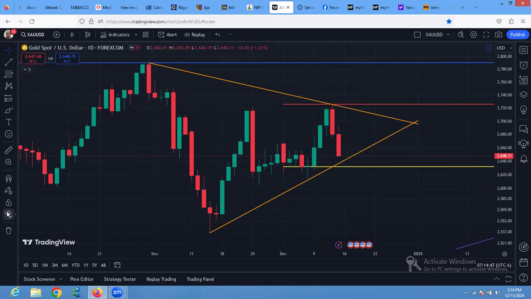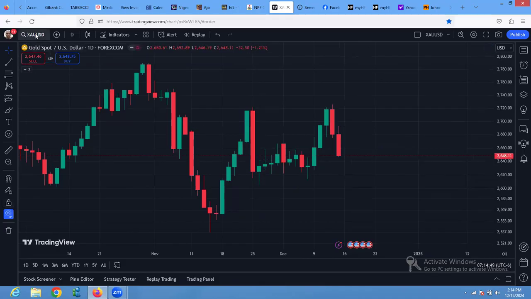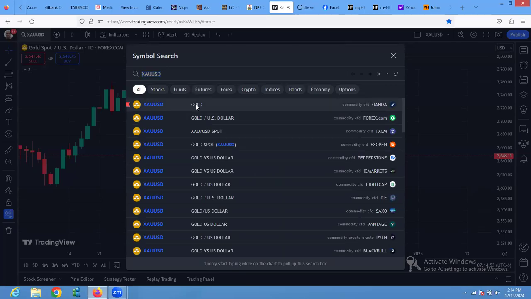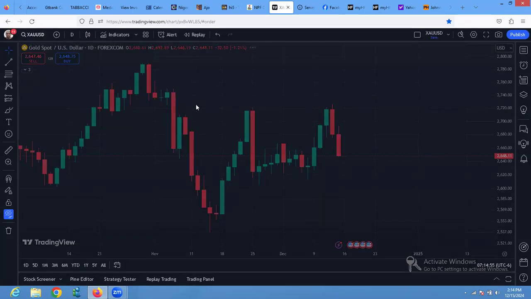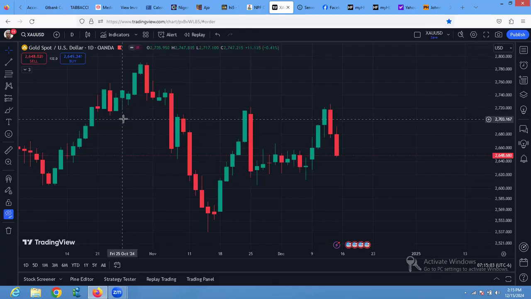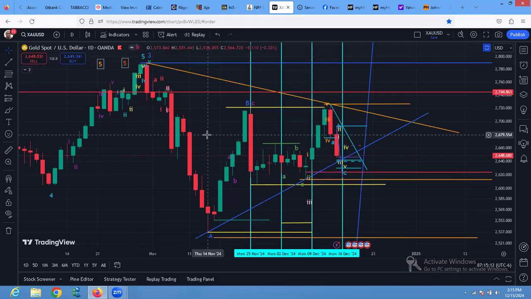And if I now go to where I had marked, these levels here, between here and here, is where we want to expect a reaction.